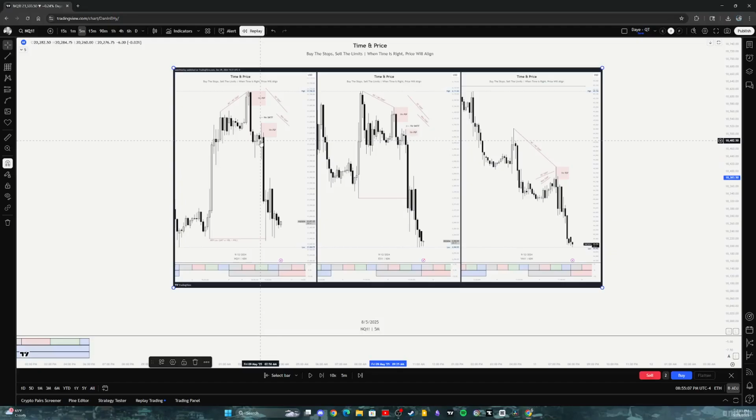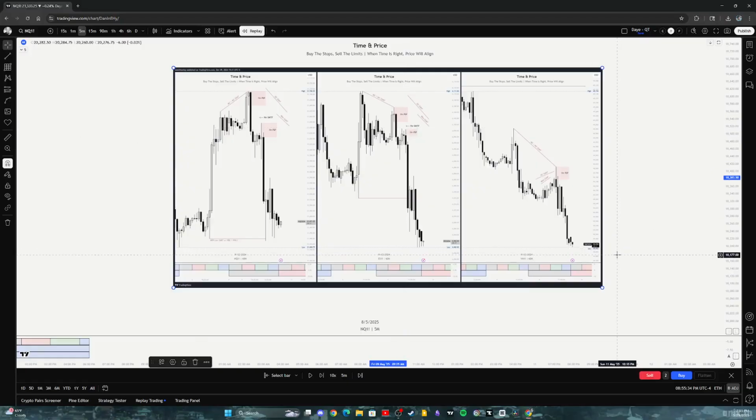When that candle closes, such as right here, we can look for a lower time frame entry. So when a 1 hour candle closes, we can identify an entry on the 5 minute. If we have a 5 minute swing divergence, we can drop down to a 1 minute, or you can just get risky and drop right down to the 1 minute, but you have to have the right confluences.